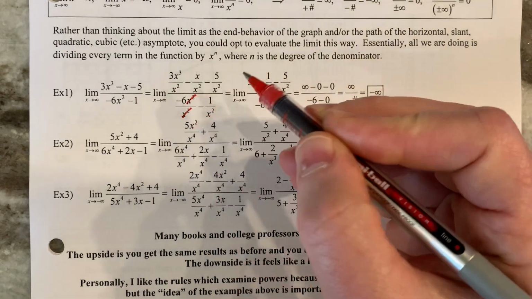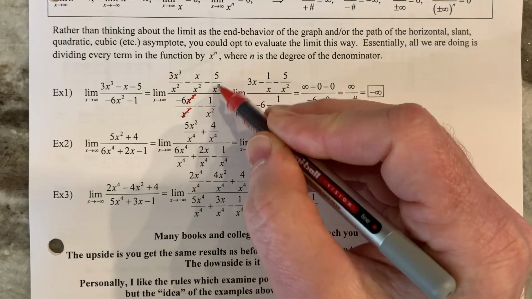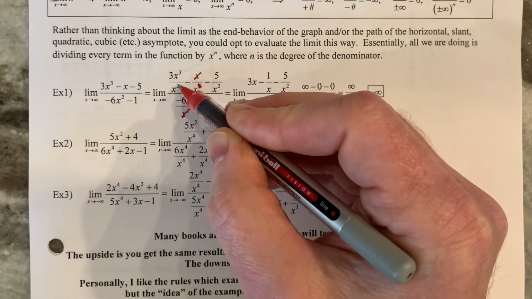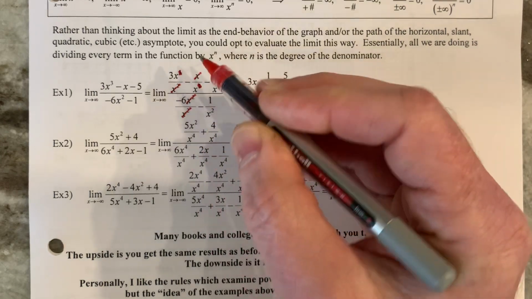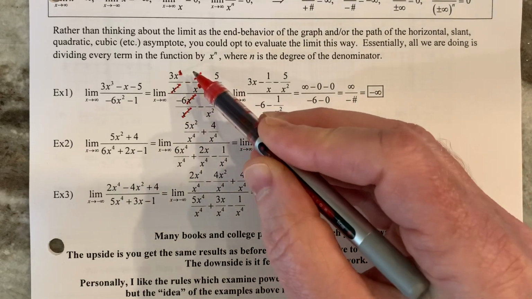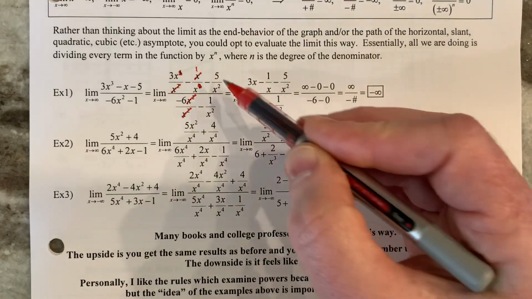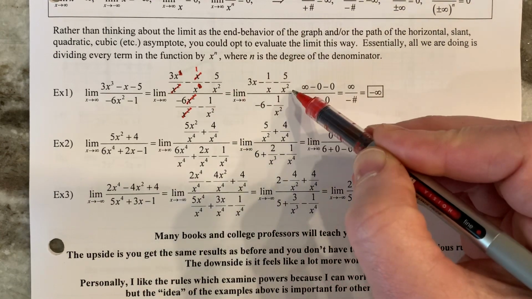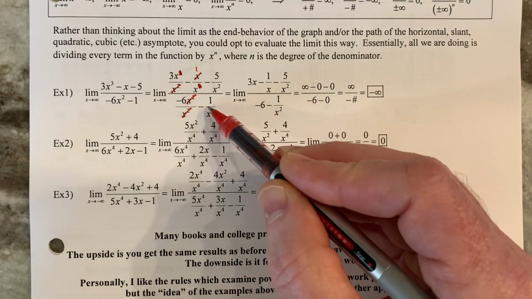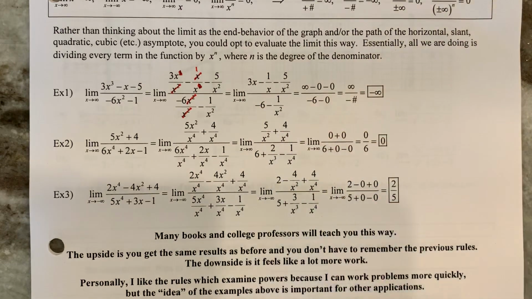So I'm going to cancel both of those out. Nothing cancels there. Nothing cancels there. I can cancel one of the x's out here, and I can cancel two of the x's out there. And then I'm going to bring over what I have left. So I'm bringing over a 3x, a 1 over x, a negative 5 over x squared. Everything canceled there but the negative 6, and I'm bringing over a negative 1 over x squared.